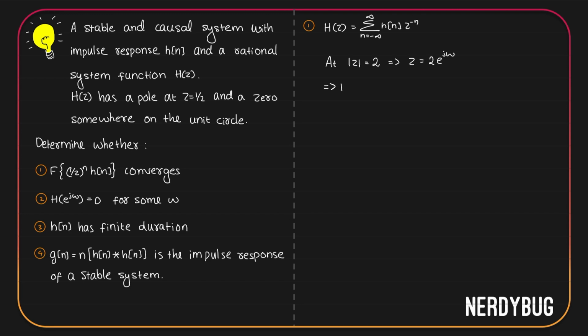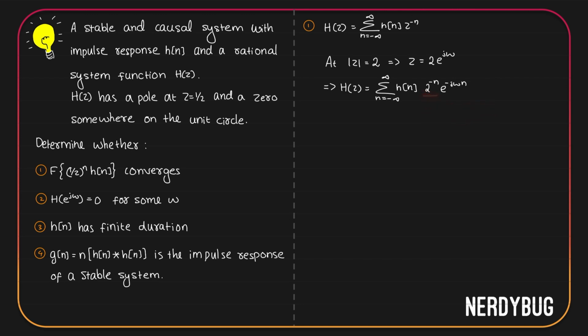In that case, H(z) will become summation from n equals minus infinity to infinity of h(n) times (2 e raised to j omega) raised to the power minus n. We can write it like this: 2 raised to minus n e raised to minus j omega n.